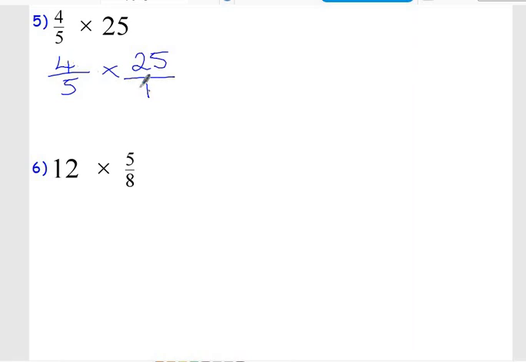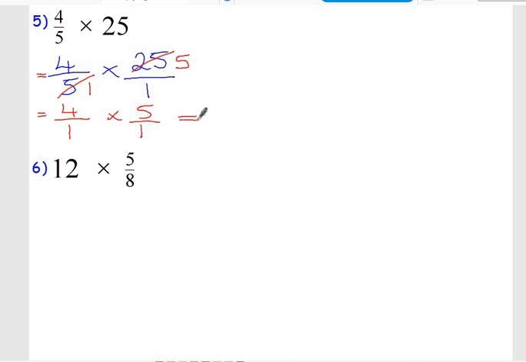Do we have any diagonals? 1 is the highest number that goes into 4 and 1, so there's nothing that way. 5 and 25. Yep, 5 goes into 5 once, 5 goes into 25 5 times. Looking vertically, we haven't got any there or there, so we end up with 4/1 times by 5/1.